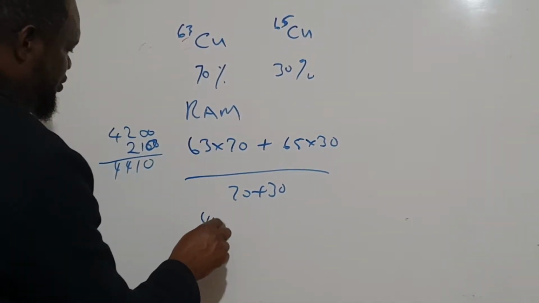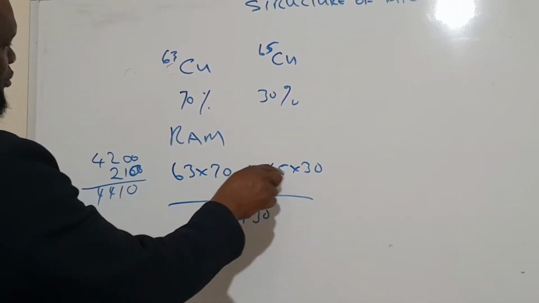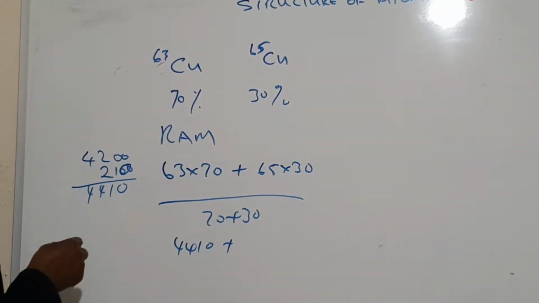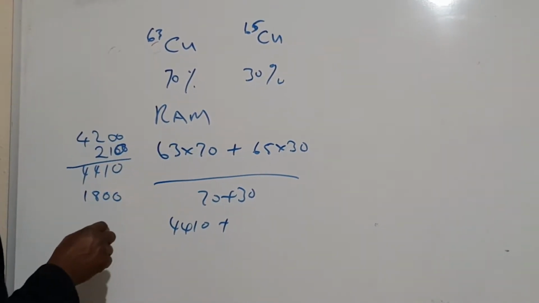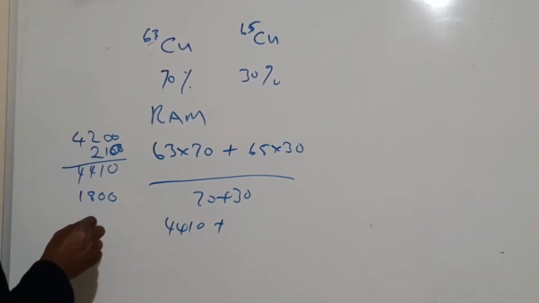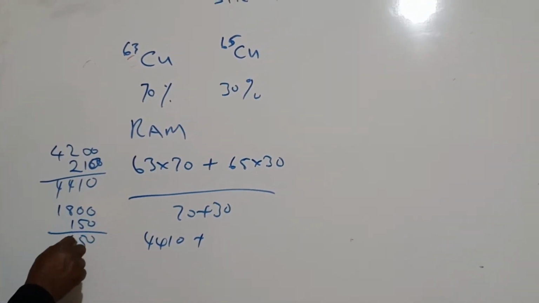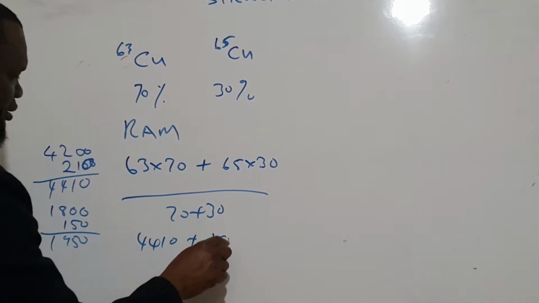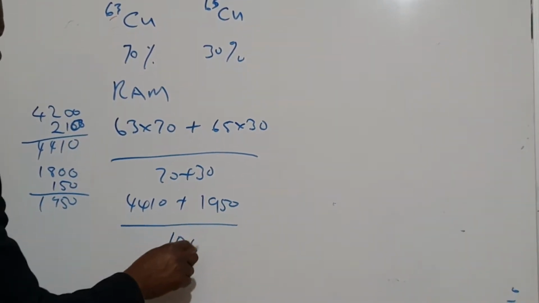So that will be 4410 plus 30 times 60. What is 30 times 60? 1,800, isn't it? Okay? Then 30 times 5, that will be how much? 150. Yeah. So this is 1,950, divided by this plus this, which is 100, isn't it?